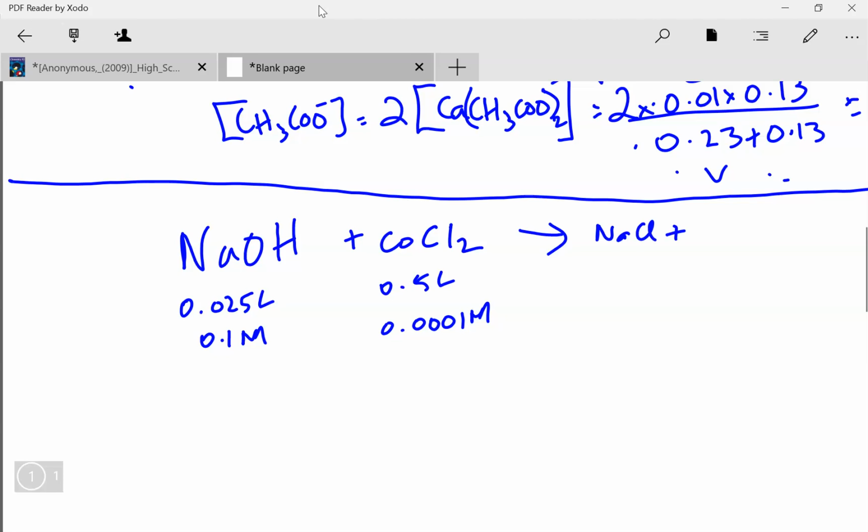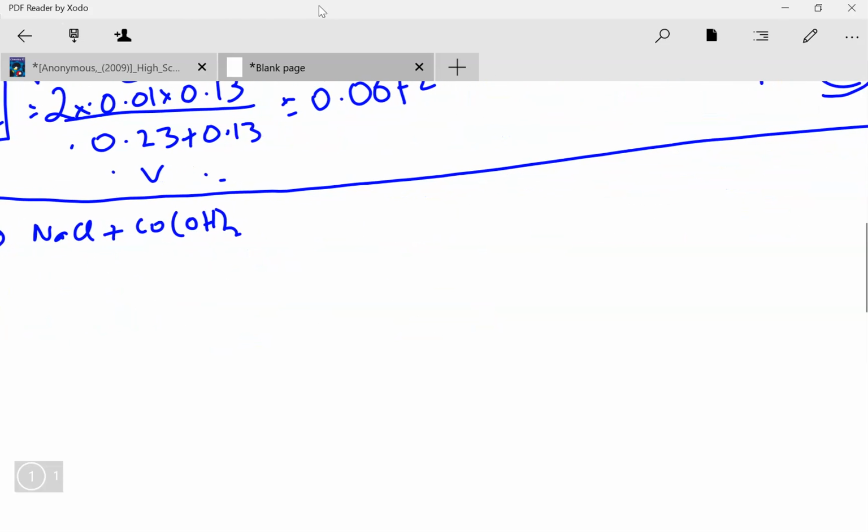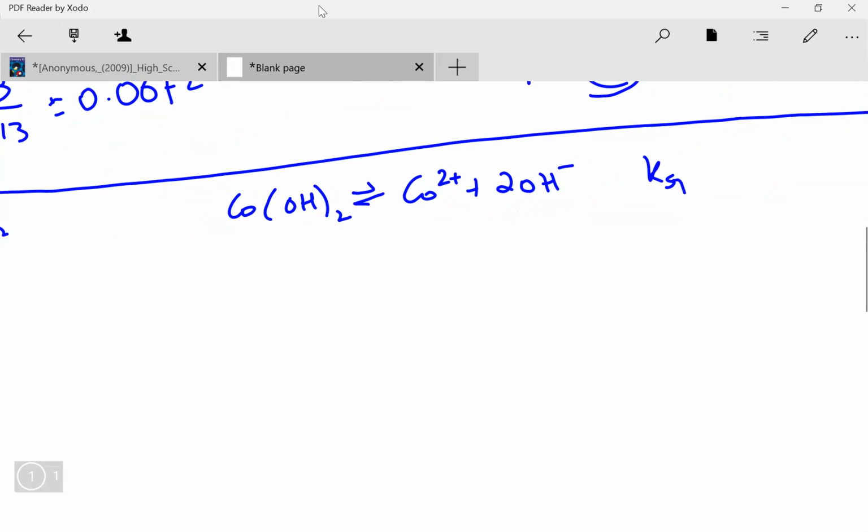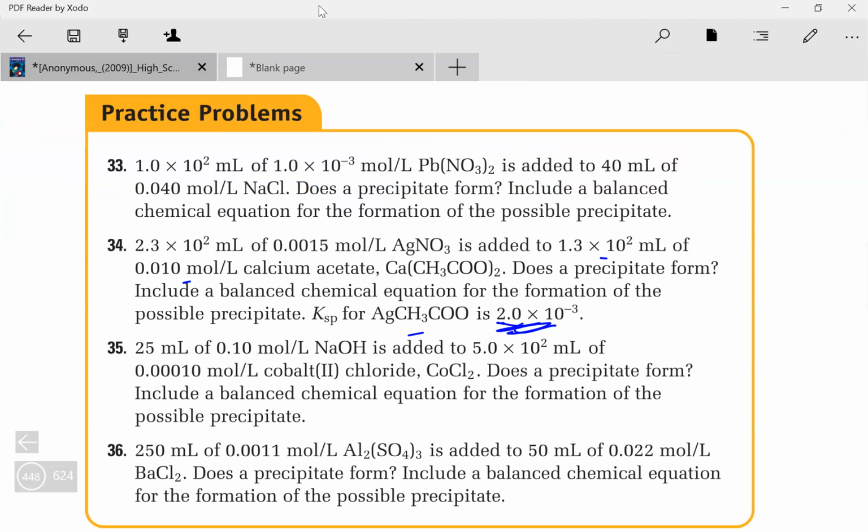The interesting thing is cobalt hydroxide. So we're going to write a dissociation for cobalt hydroxide. Let's check if there is a KSP given. Excellent. Back of the textbook, 5.92 times 10 to the power negative 15. Well, there's not one given here, so we're going to go with the back of the textbook. Yeah, this looks good.